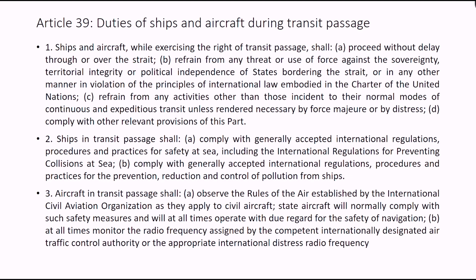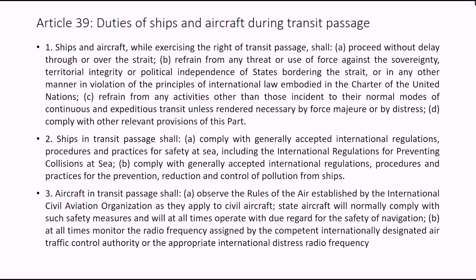It is only through those routes that the navigating ship will be allowed to pass. It must not deviate in any manner from that particular route. Secondly, comply with generally accepted international regulations, procedures and practices for the prevention, reduction and control of pollution from ships.